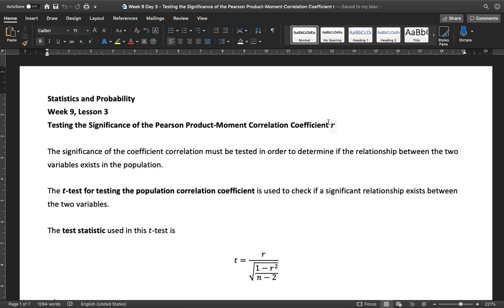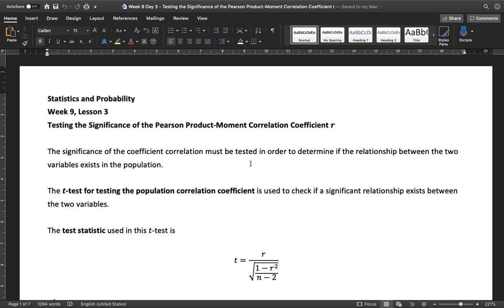So, we say the significance of the correlation coefficient must be tested in order to determine if the relationship between the two variables exists in the population. So, ang ibig sabihin natin when we test the significance is check ba natin if important ba yung relationship na meron sila.